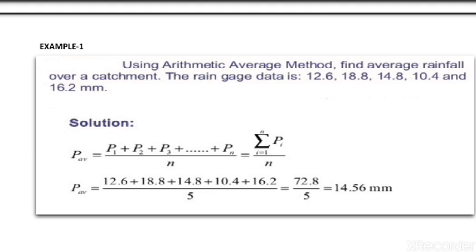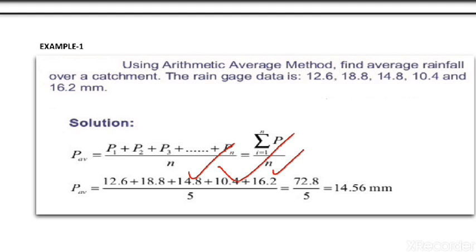The formula was the summation of all the given data, that is the precipitation, divided by the total number of data. Here the total number of rainfall values given is 5: 12.6, 18.8, 14.8, 10.4 and 16.2. Therefore, the summation will be P1 plus P2 plus P3 up to P5, that means 12.6 plus 18.8 plus 14.8 plus 10.4 plus 16.2, and the total number of data is 5.